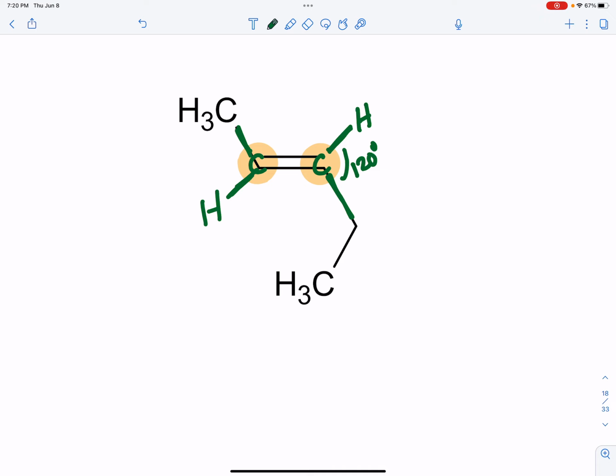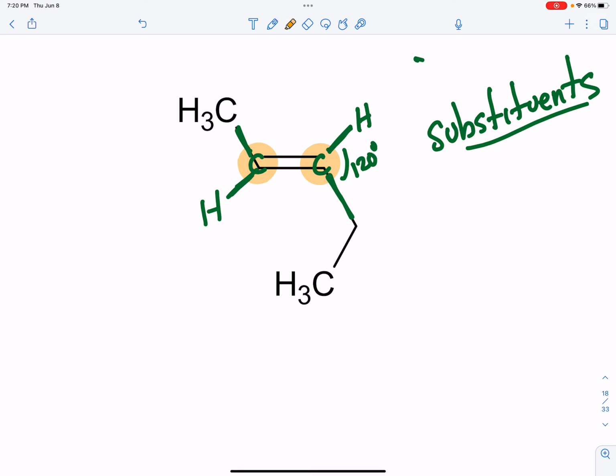Now, if you look at the two carbons in the double bond, notice that each of them has two different things attached. We can say they have two different substituents. That's a fancy way of saying things that are attached.